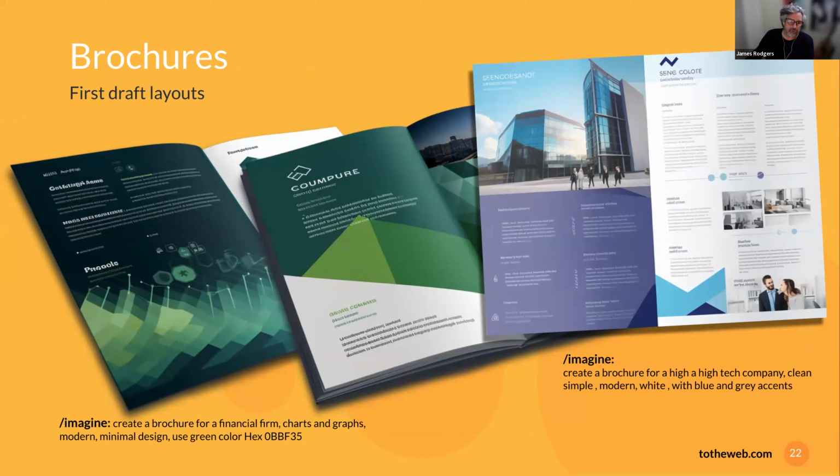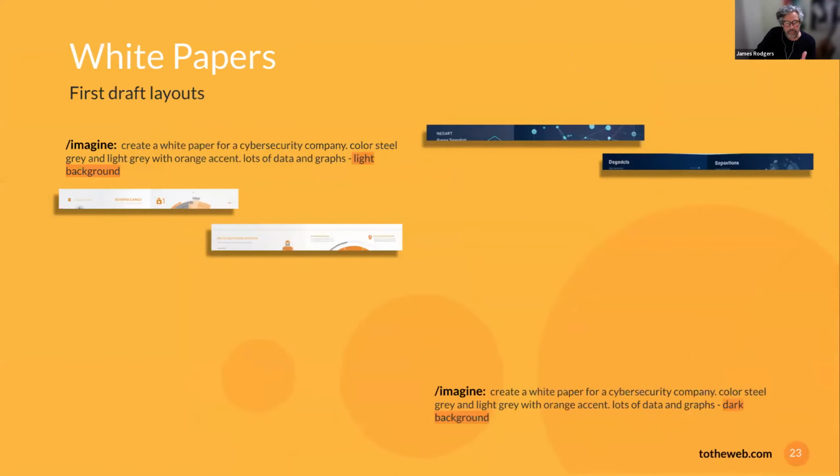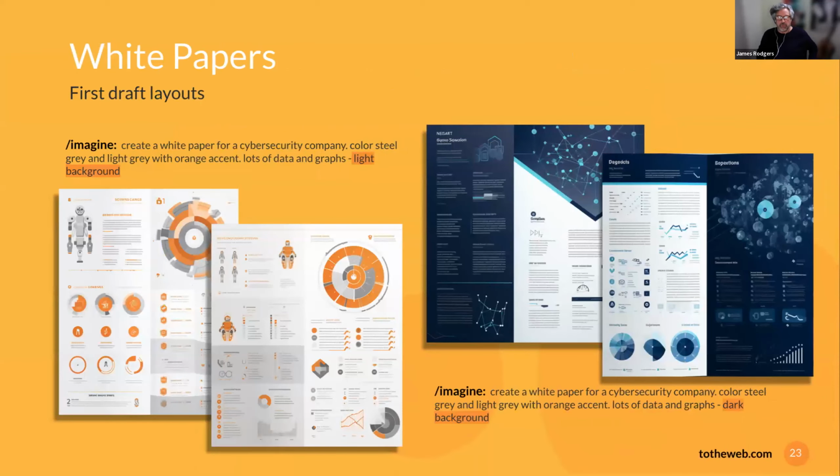I can't remember which green this is, but it is one of these greens, the green brochure on the left. It doesn't recognize PMS colors, but it recognizes hex colors, and it gets you close. So when you're doing comps, you can get it close to what your client's colors are.